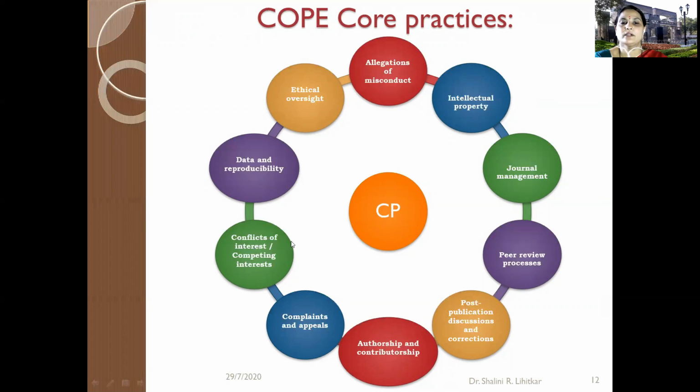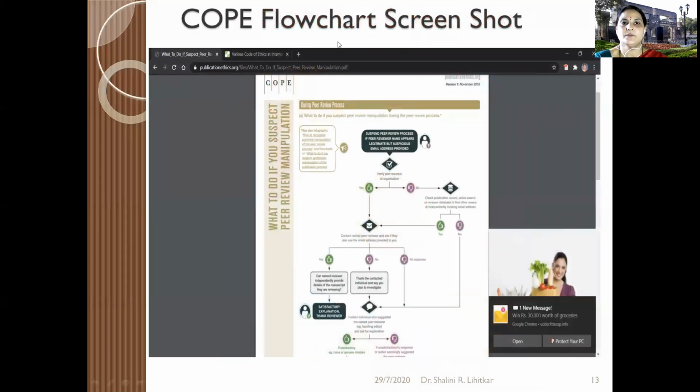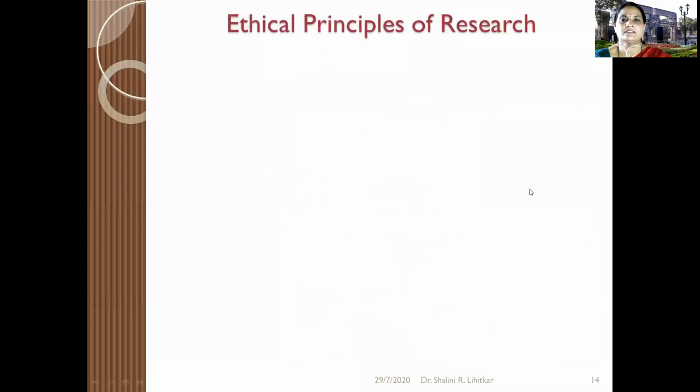They also give guidance regarding conflict of interest and competing interests. And they provide guidelines for data and reproducibility and all ethical oversight. So friends, they are providing the best practices which we can use for our research and publication. This is one example. They provide various flow charts for each of the points which we have seen on the previous slides.